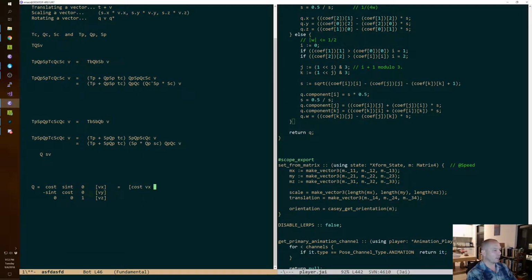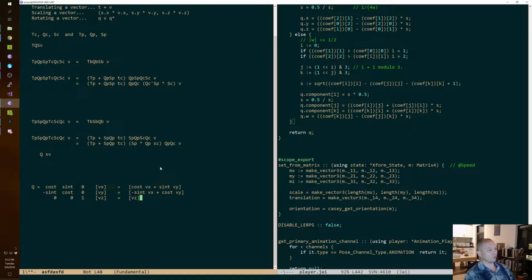Cosine theta Vx plus sine theta Vy, right? And then this is minus sine theta Vx plus cosine theta Vy, right? And then this is Vz, because this is just a rotation in xy and doesn't affect the z, right?